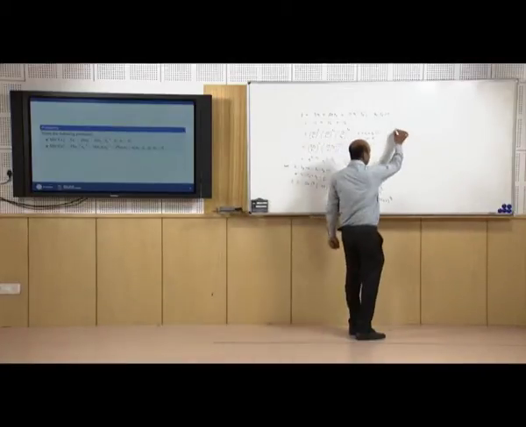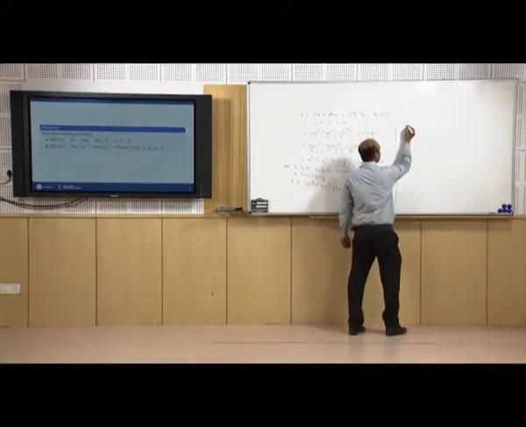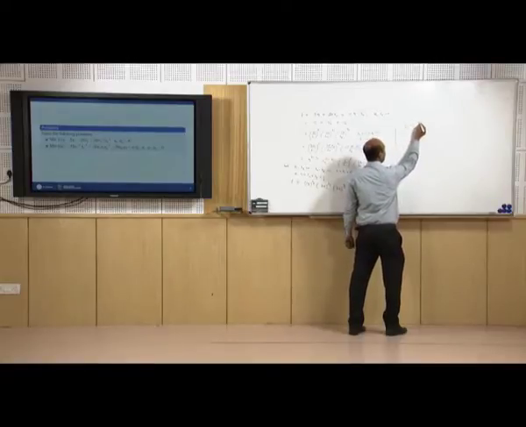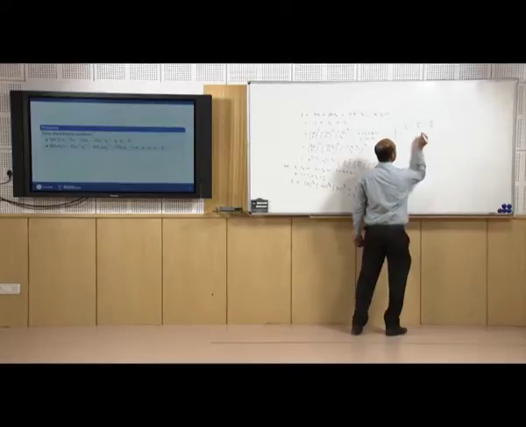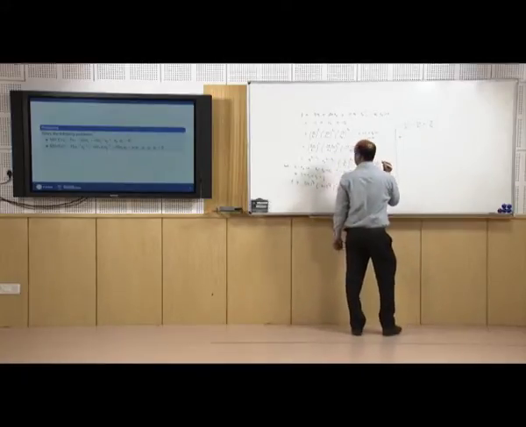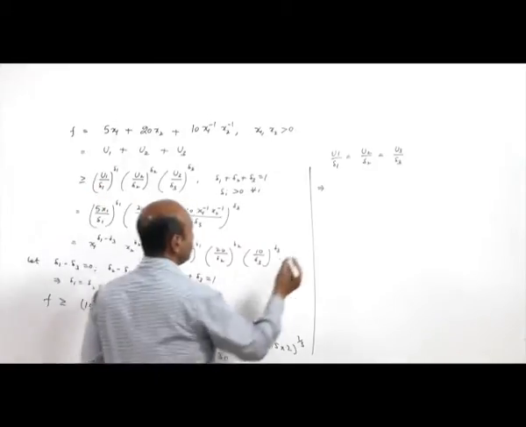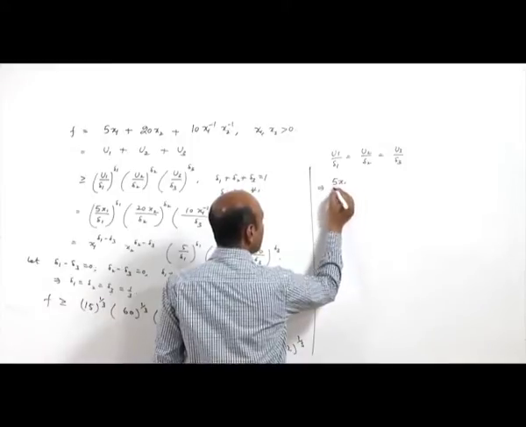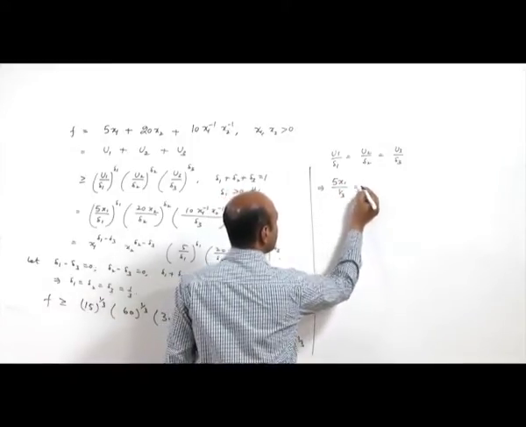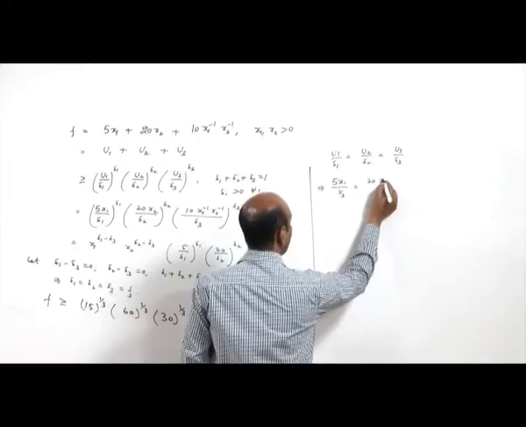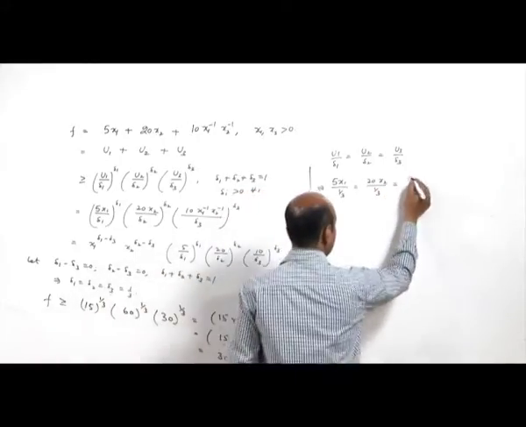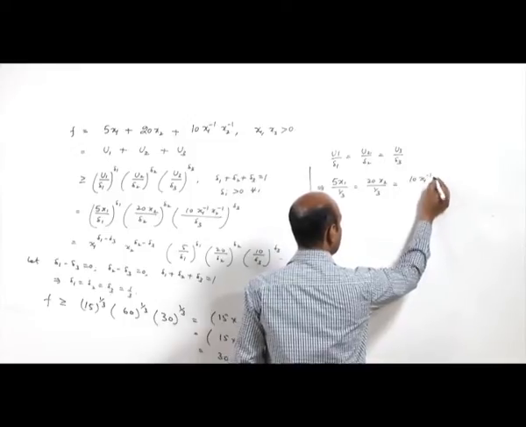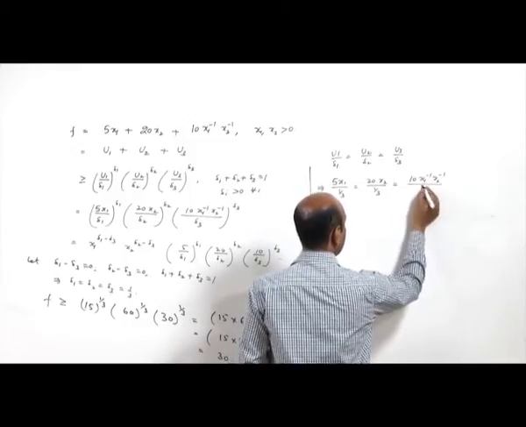So, this implies that u1 is 5x1 upon delta 1, which is equal to 20x2 upon delta 2, which is equal to 10 x1 raised to power minus 1 x2 raised to power minus 1 upon 1 by 3.